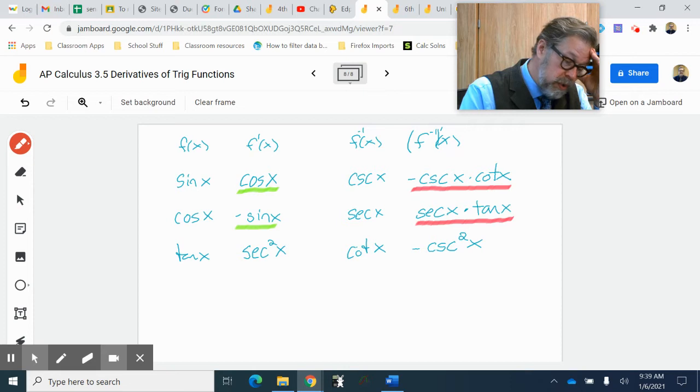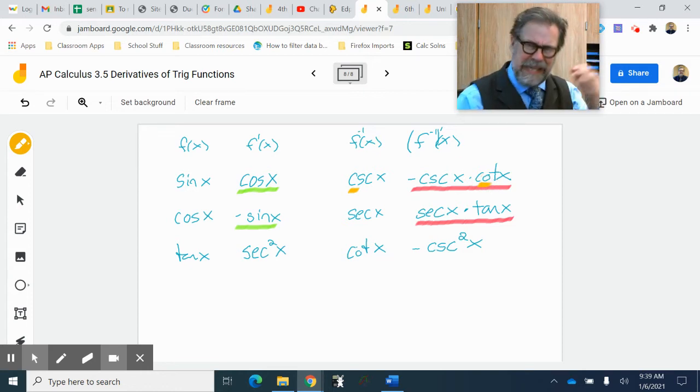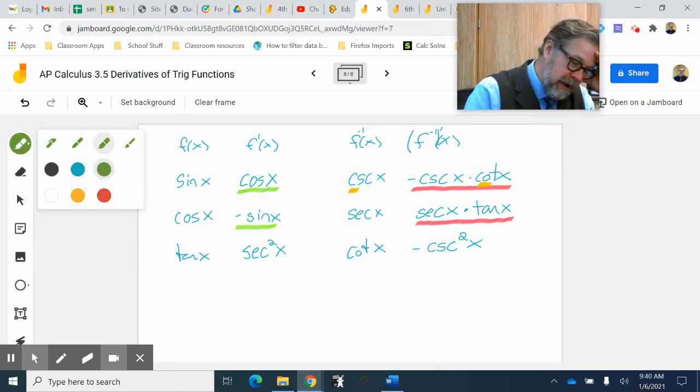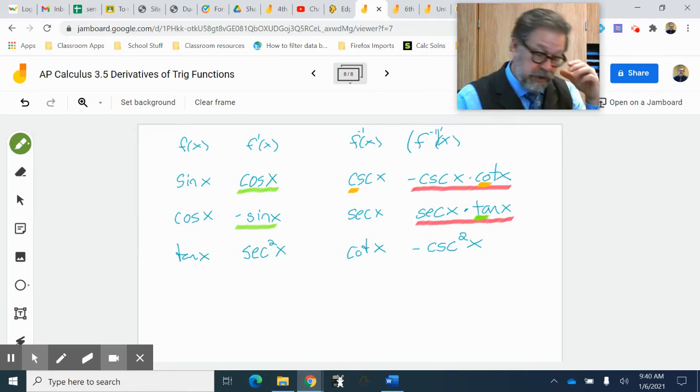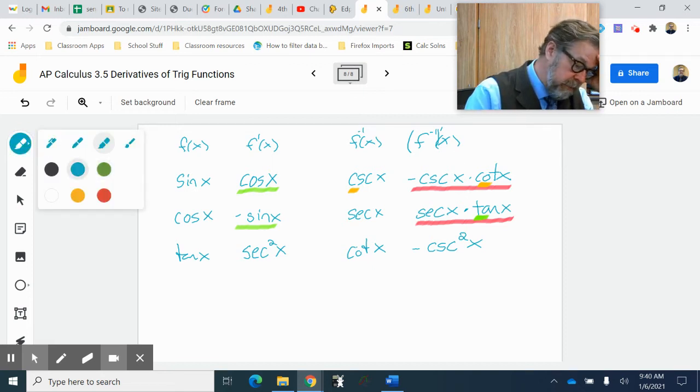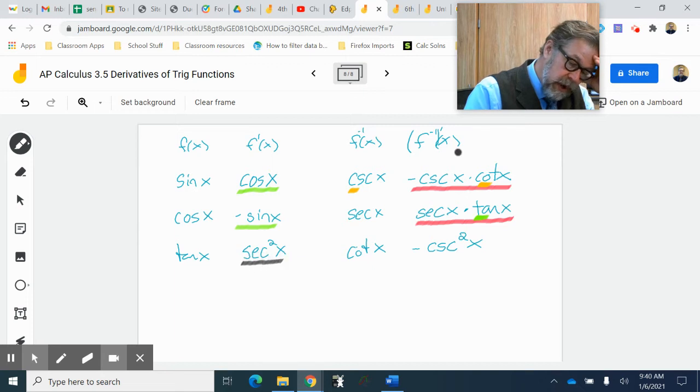So cosecant is itself times cotangent. Again, just mnemonics, ways to remember. Whereas when we look down here at secant, again, we see itself times tangent, not cotangent. And then on tangent and cotangent, what we see is secant squared and then negative cosecant squared.